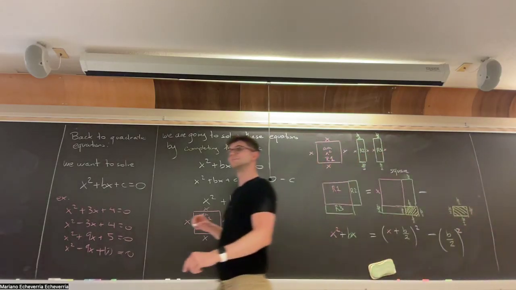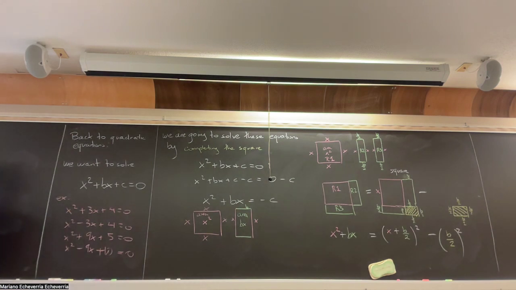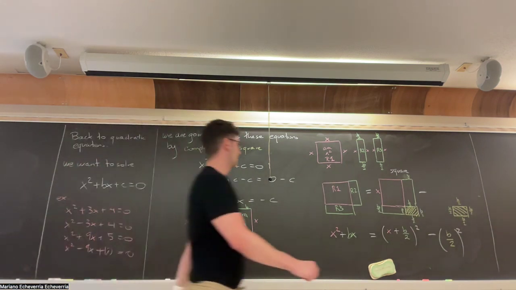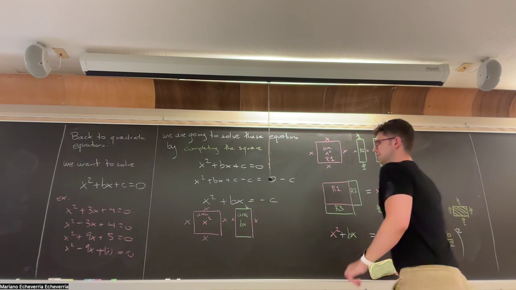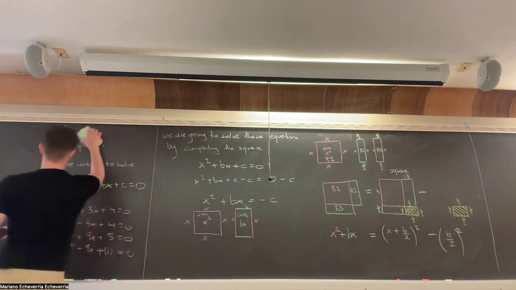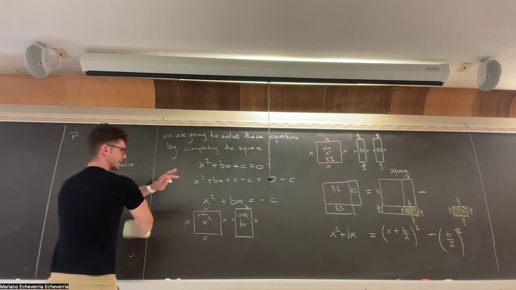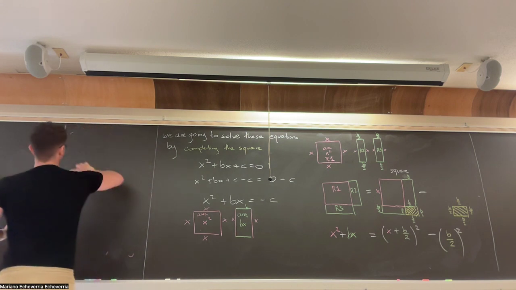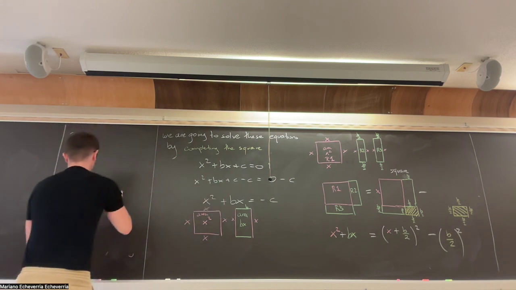What is this formula called? It's called completing the square. So let me write it here, on its own without color, so that it looks like a single thing.